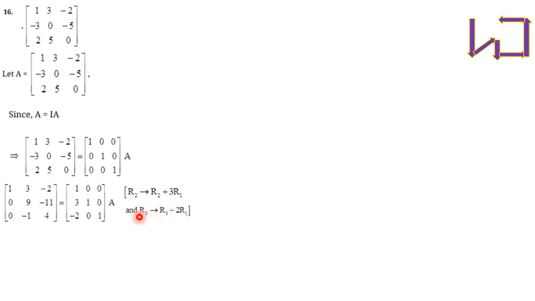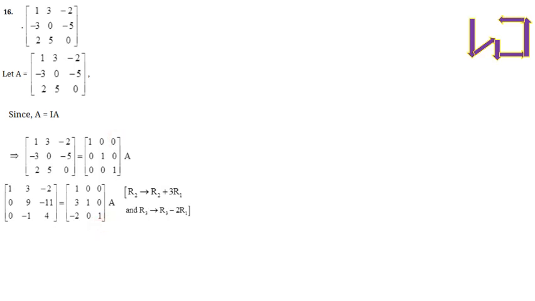Next, R3 changes to R3 minus 2R1. The R3 element is 0 minus 2 into 1, which is minus 2. Next, 0 minus 2 into 0 becomes 0. Next, 1 minus 2 into 0 is 1.